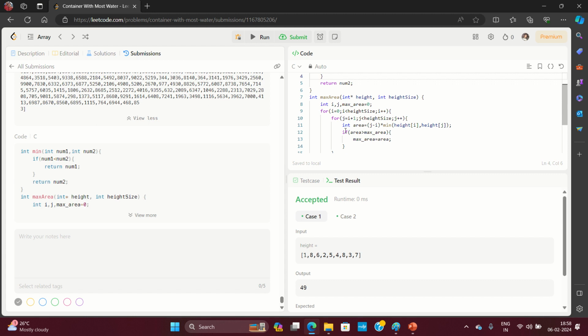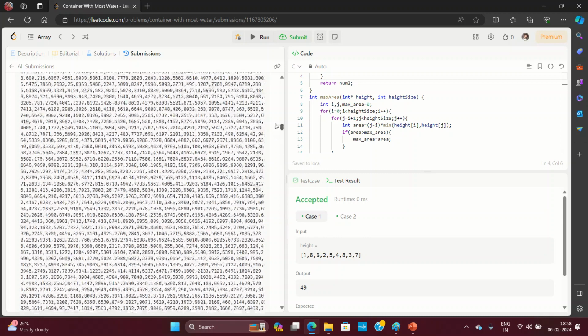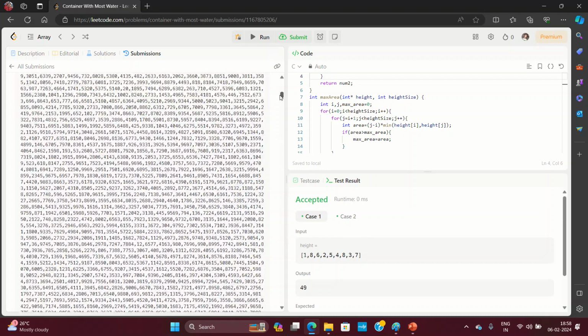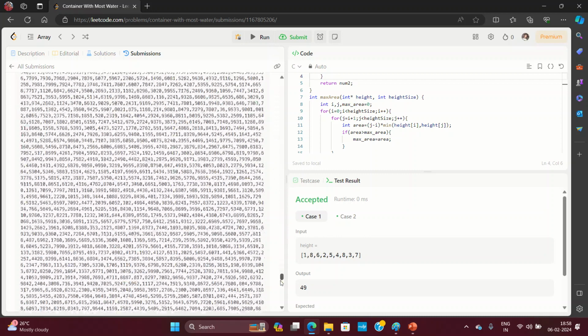So 10 to the power 10 operations become hectic for the machine, and of course it takes time to give the output, but these coding platforms do not give that much time for the code to execute.